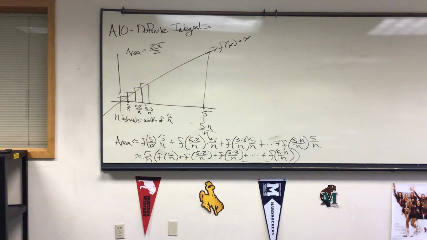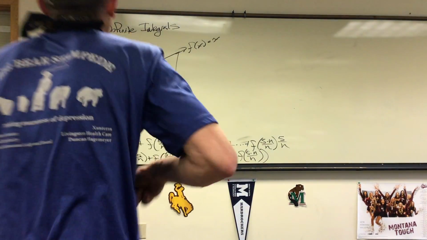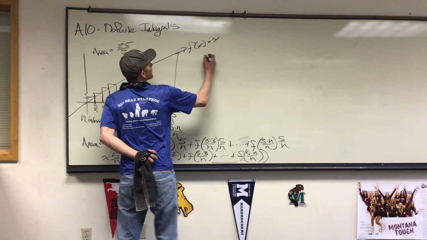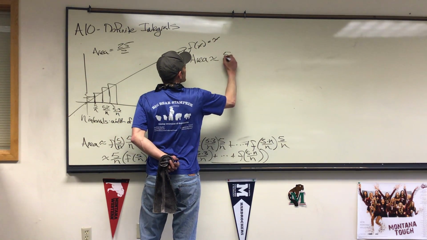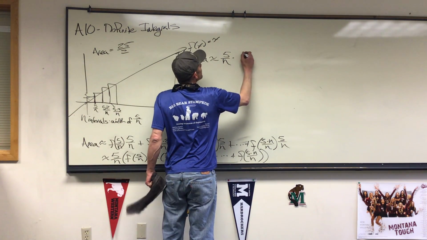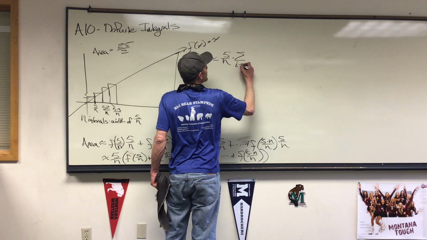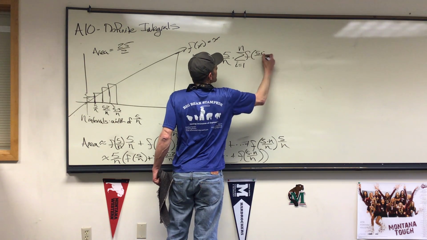And now I'm just going to evoke this new summation notation. And I'm going to say that the area is approximately 5 over n times the summation from i equals 1 to n of f of 5i over n.